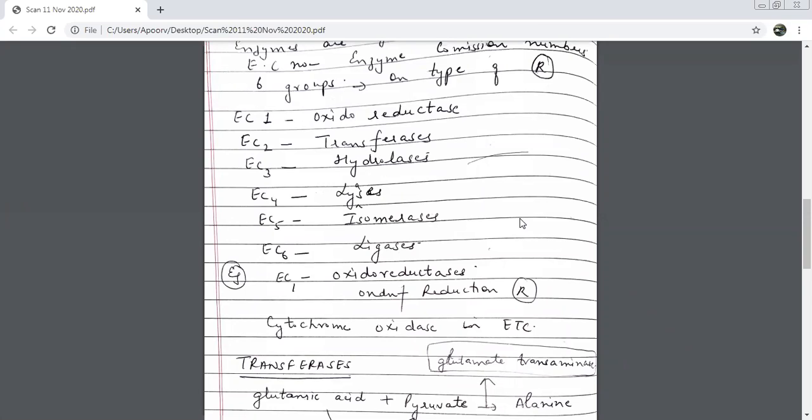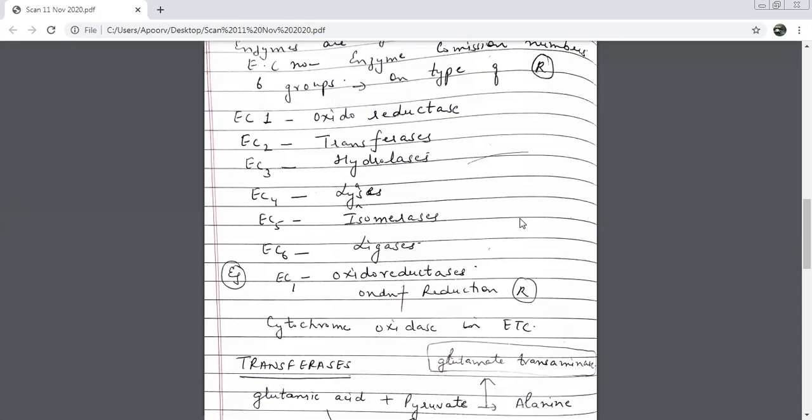Second, EC2 is which enzyme? Transferase. These are major categories, major groups. First we have done oxidoreductase. Second is transferase. From the name only you can make out that transferase is going to transfer some group from one substrate to the other substrate so that we get a new product.